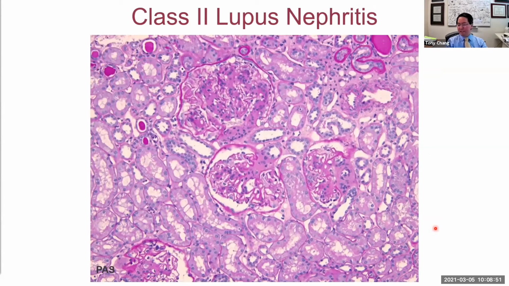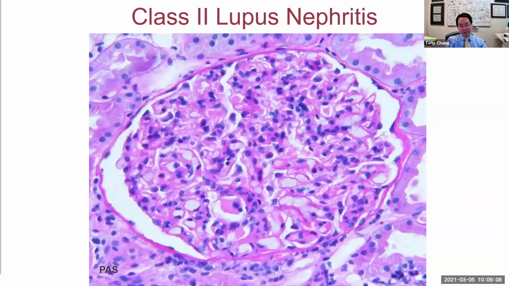So class 2 lupus nephritis, potentially you could think of it as an extension of class 1 lupus. Maybe it's a more severe form of class 1, where you have a lot of mesangial hypercellularity that's now apparent by light microscopy. And you will also be able to detect the immune complexes that correspond with that mesangial hypercellularity.